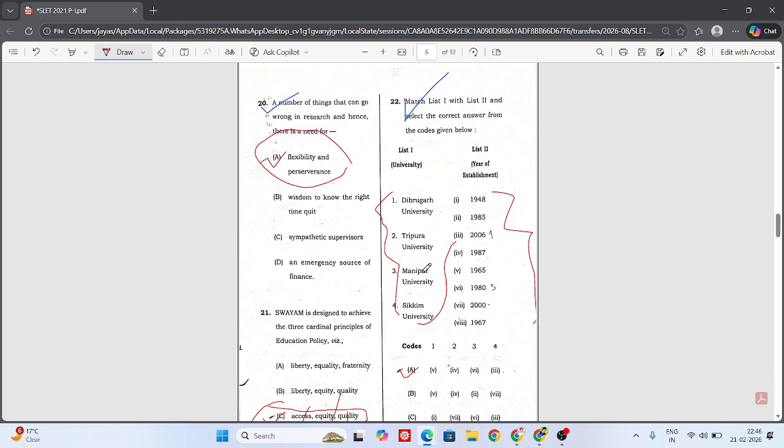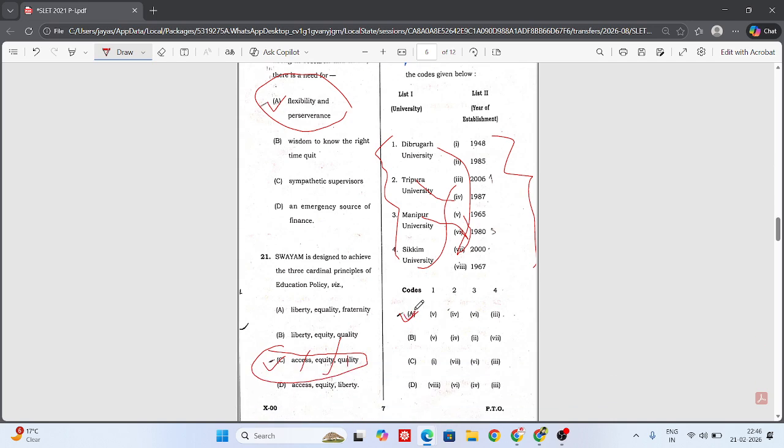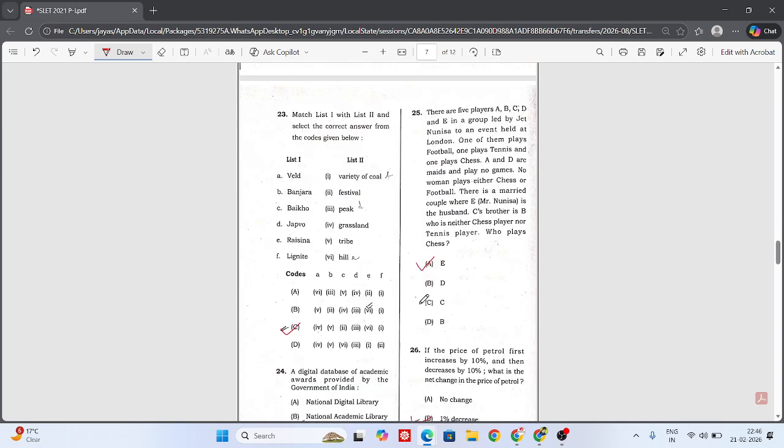Then Manipur University is 1980, and Tripura University is 1987, and Dibrugarh University is 1965. So A is the correct answer. You can match this properly.